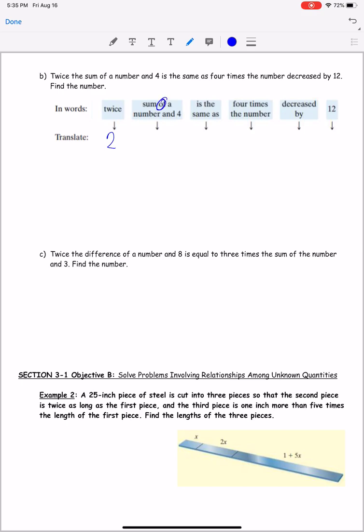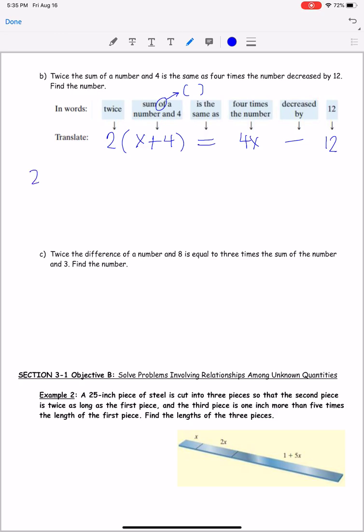Usually when you see this word right here, of, that means parentheses, not every time, but a lot of times. So twice the sum of a number and 4, that means we have in parentheses, x plus 4 is the same as your equal sign. 4 times the number, that's your 4x, decreased by is subtraction, and then 12.